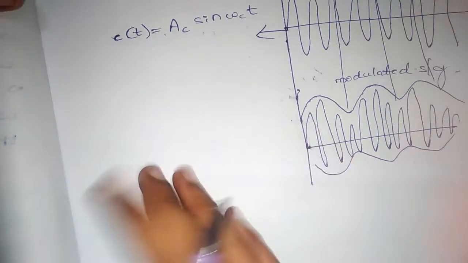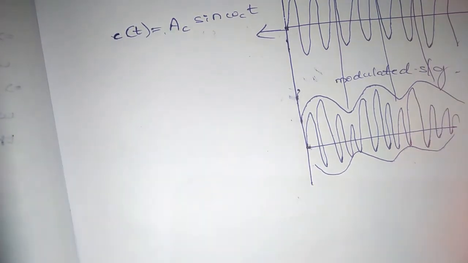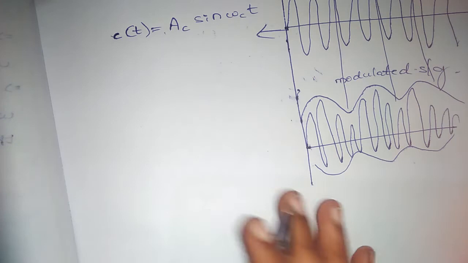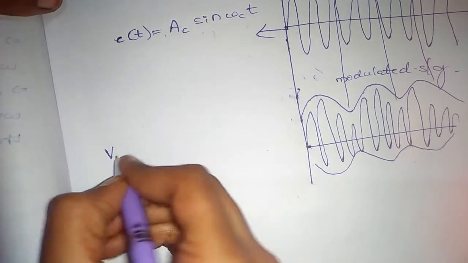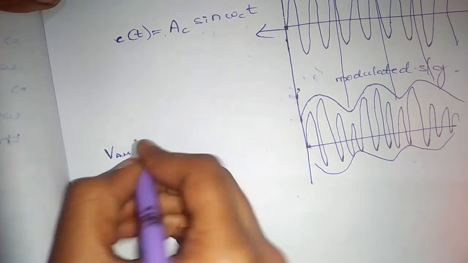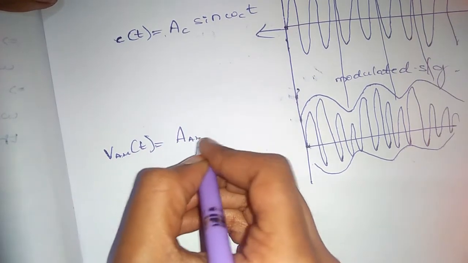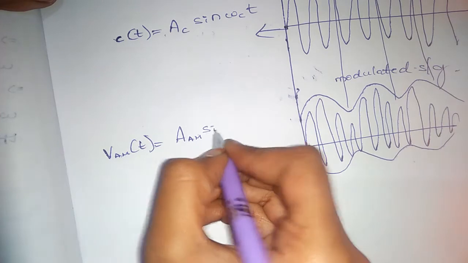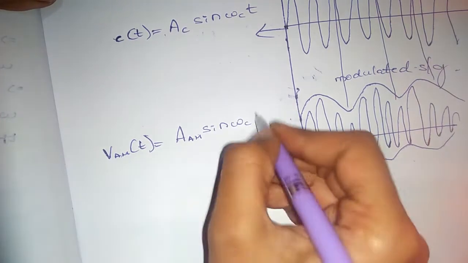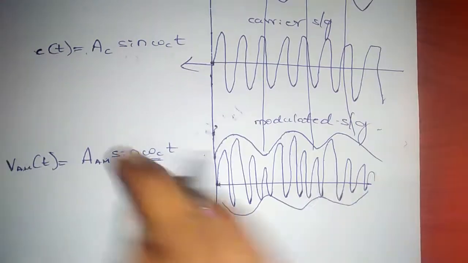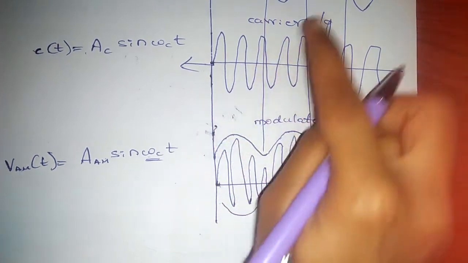We know that the time domain equation of the AM signal is Vam of t is equal to the amplitude of the signal times sine omega c t. Why omega c t? Because the highest frequency is that of the carrier signal.